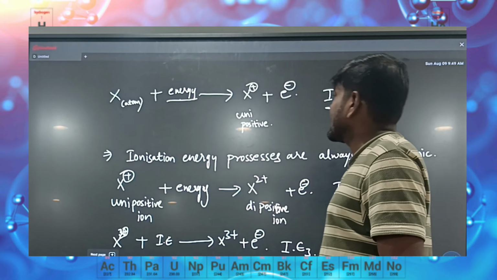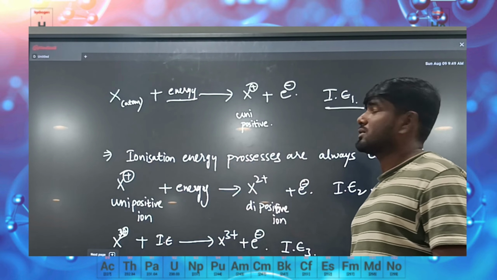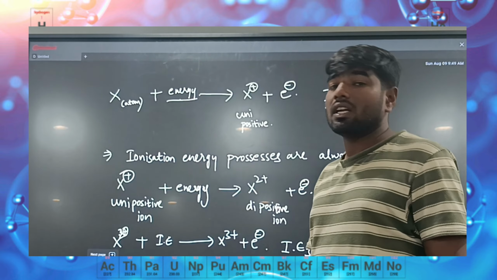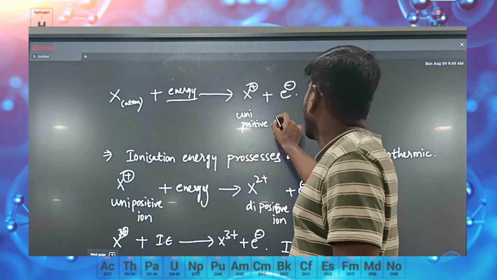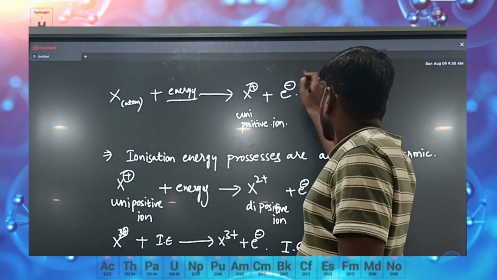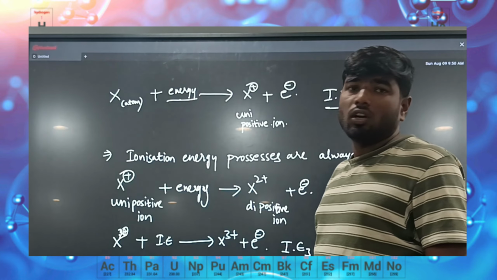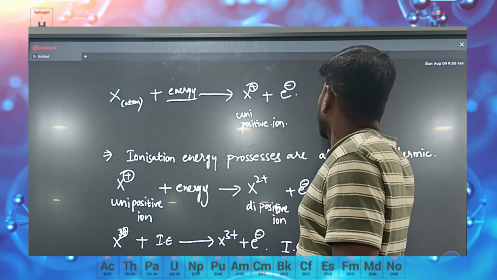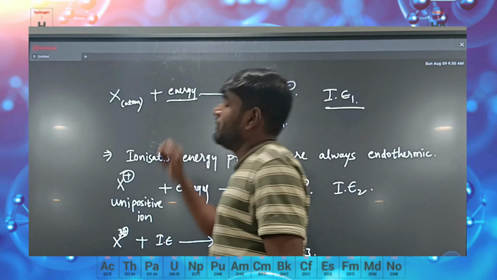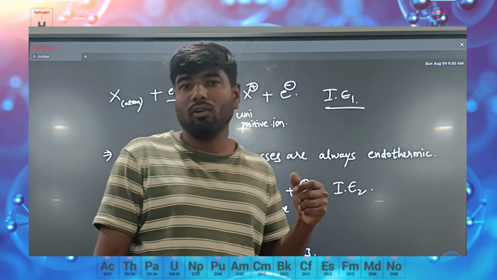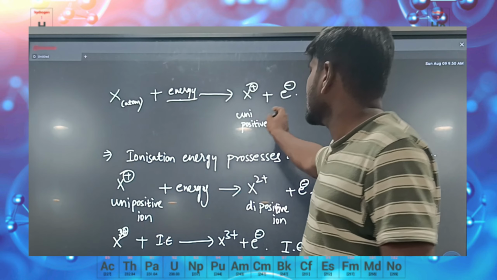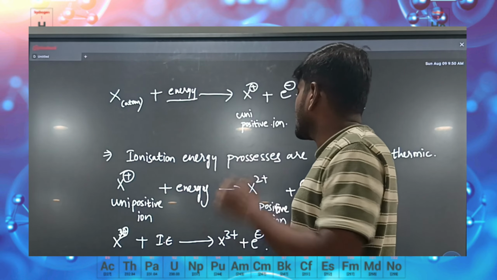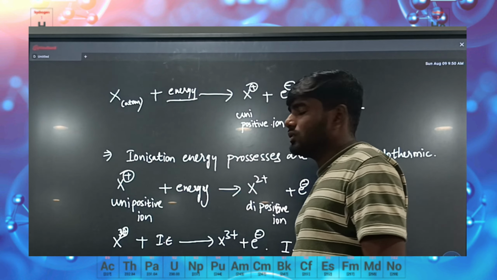So X plus energy gives X plus, removing one electron and forming a unipositive ion. The electron got removed, e minus is the electron. Next, this is I1. Why? Because the amount of energy required to remove the first electron from a neutral atom is called I1. If you remove from unipositive, that gives dipositive, I2.